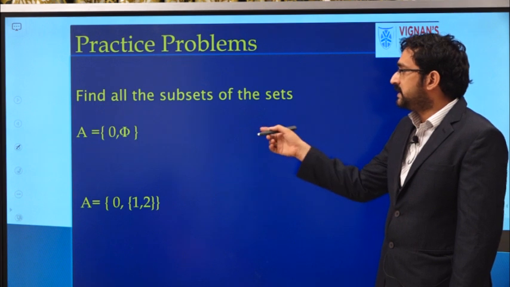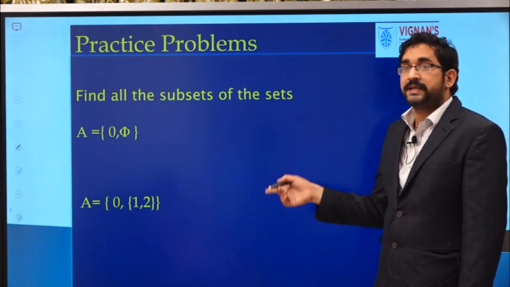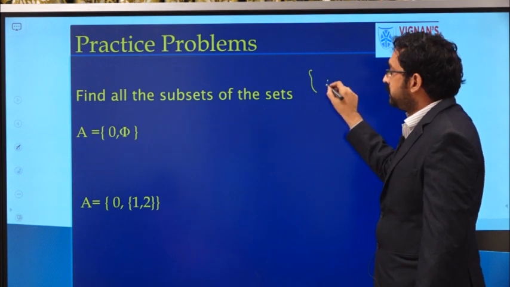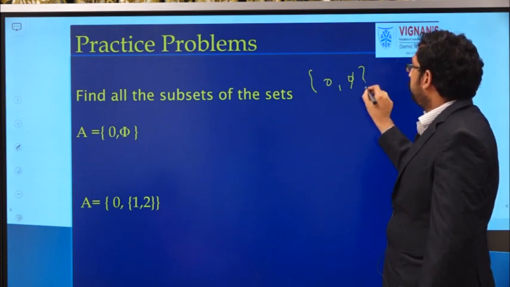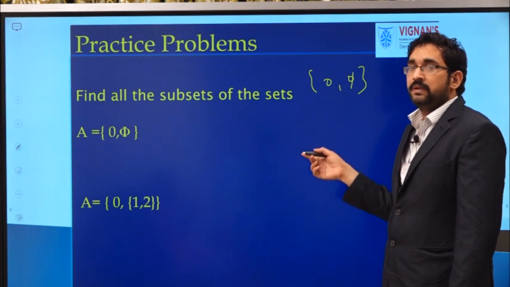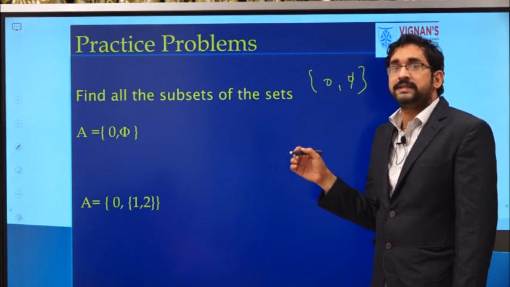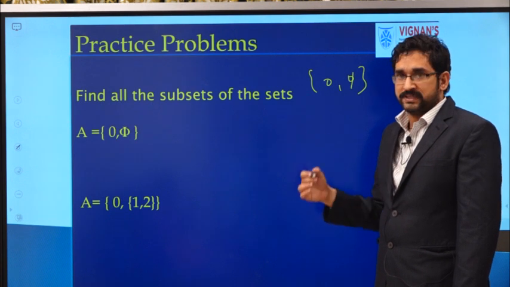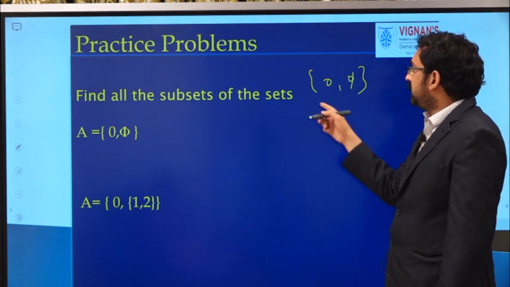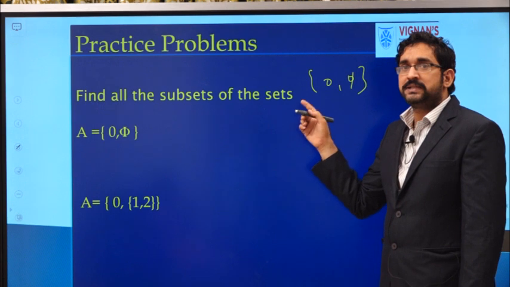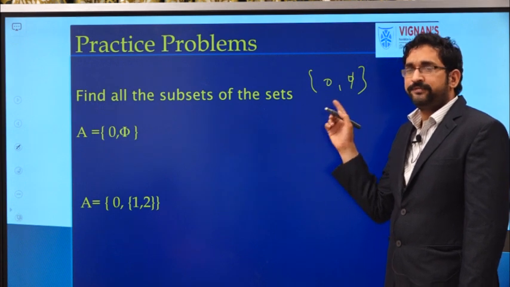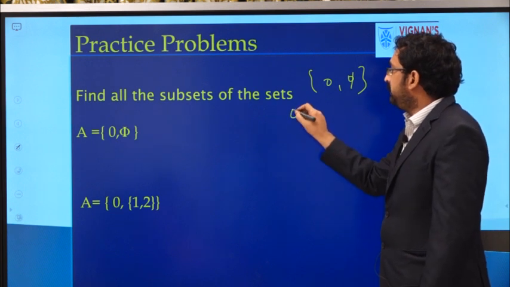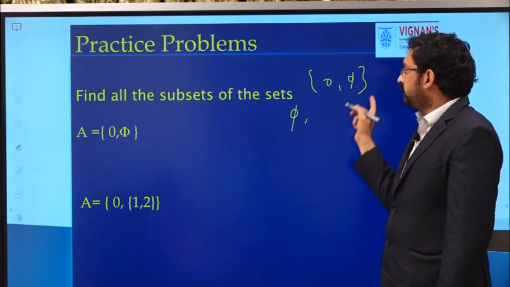Here 2 sets are given, you have to find the subsets of the given sets. The first set contains elements 0 and pi. We have to find the subsets of this set. We know that if a set contains n elements, it will contain 2 power n subsets. So as the given set contains 2 elements, its subsets will be 2², that is 4. It will contain 4 subsets. We know that the empty set is a subset of any set.